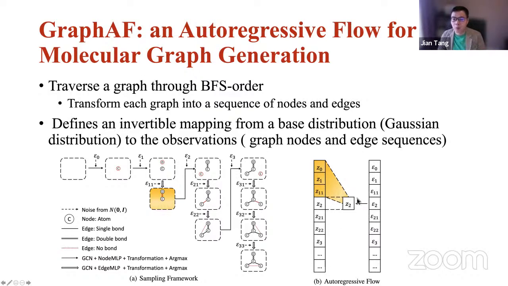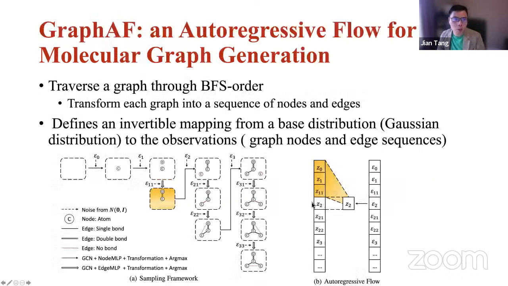We use normalizing flows to learn the mapping between the noise distribution and the real world observation. During inference, we randomly sample some noise variable from the noise distribution, and using the neural network, this noise maps to the real world observation, real world molecules. So that's the essential idea.